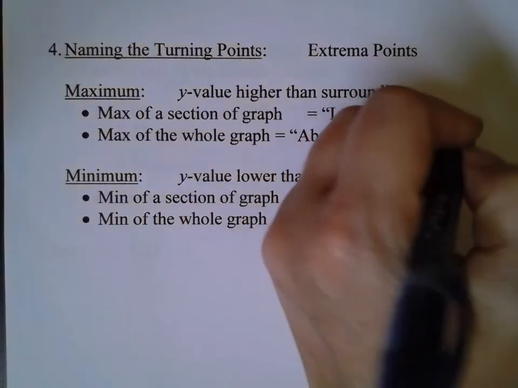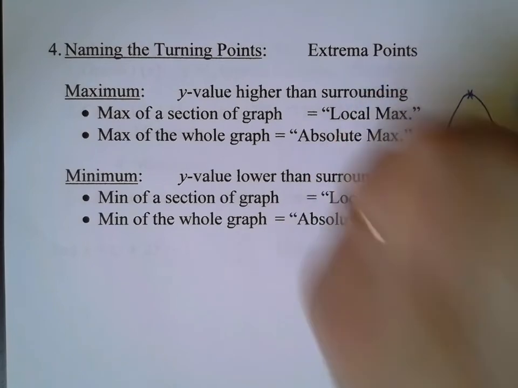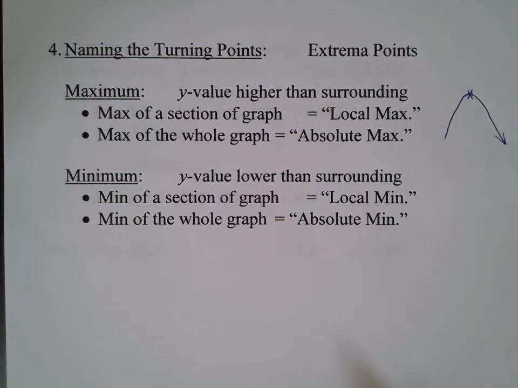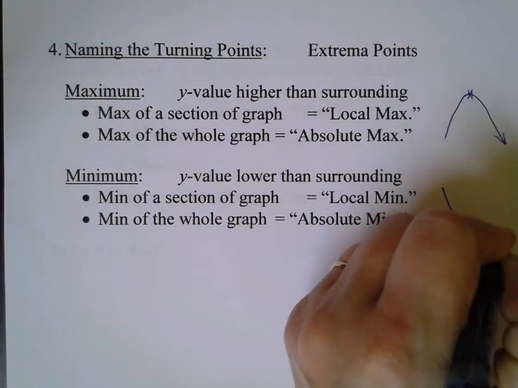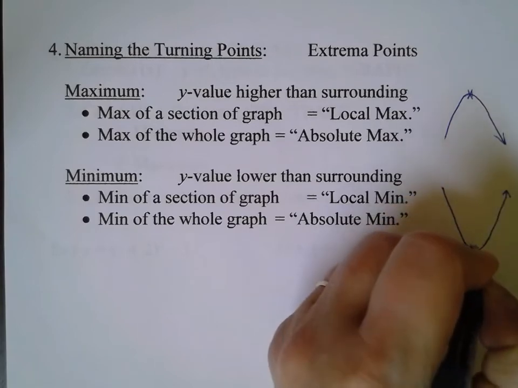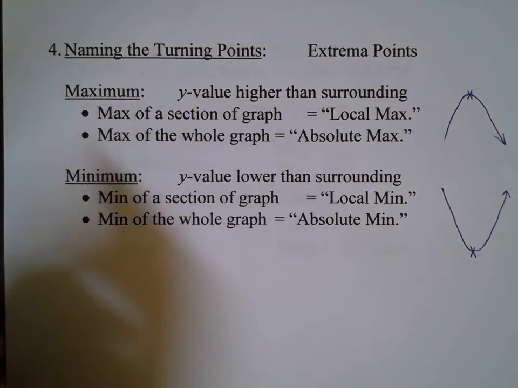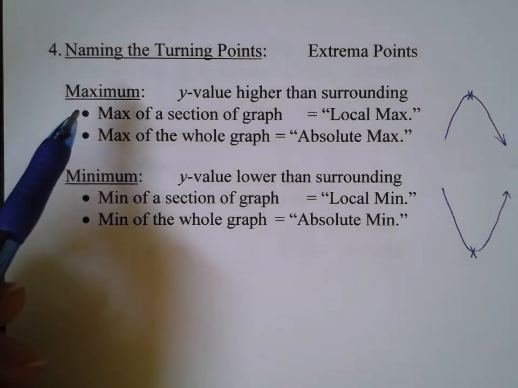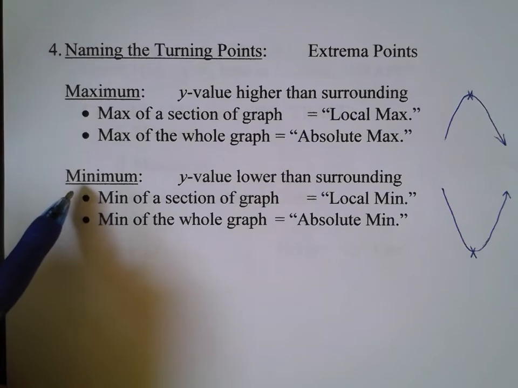So if it was going from increasing to decreasing, then that would be a maximum. And so we're going to talk about how to locate that point. If it was going from decreasing to increasing, then this would be a minimum, sort of at the bottom of the valley.